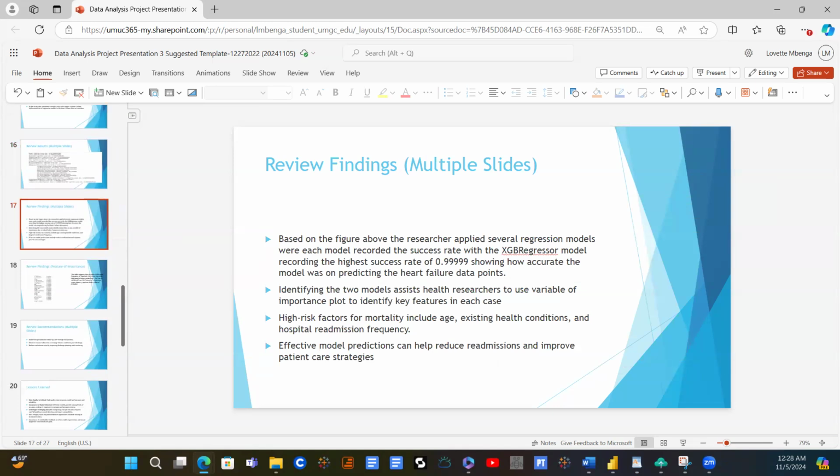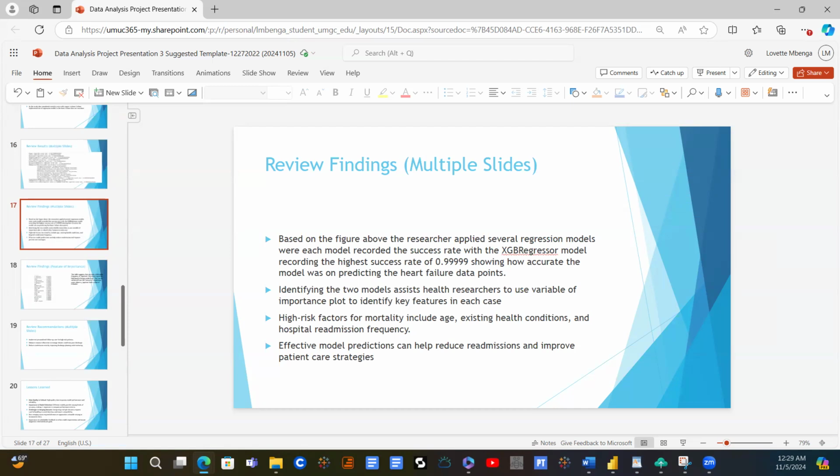For the findings, I realized that age and readmission frequency are significant predictors of mortality, and this helps to support the target.